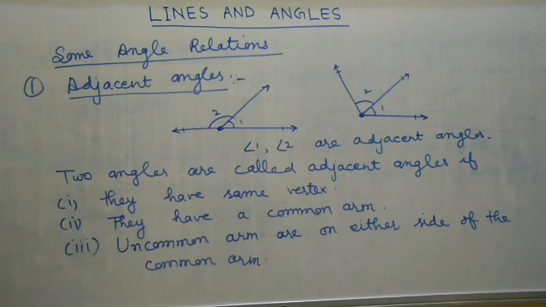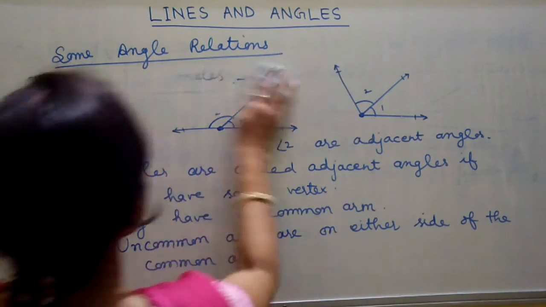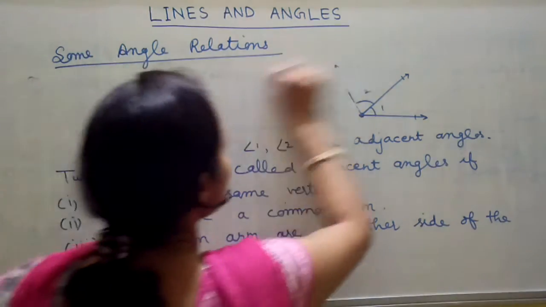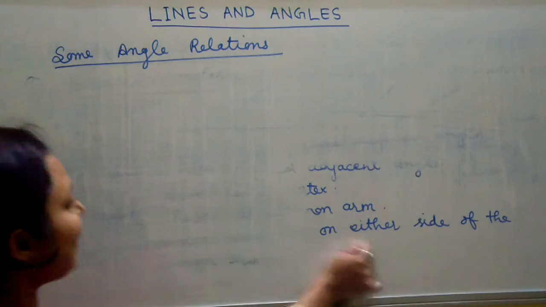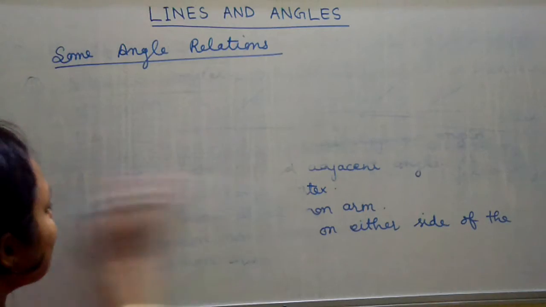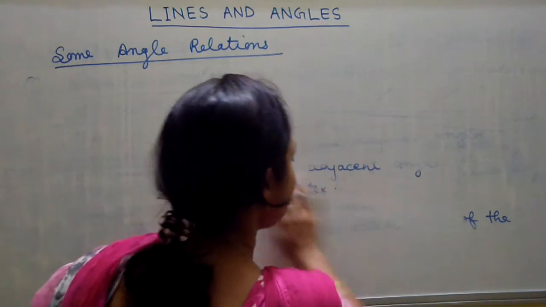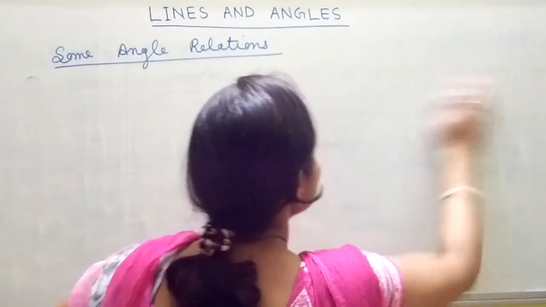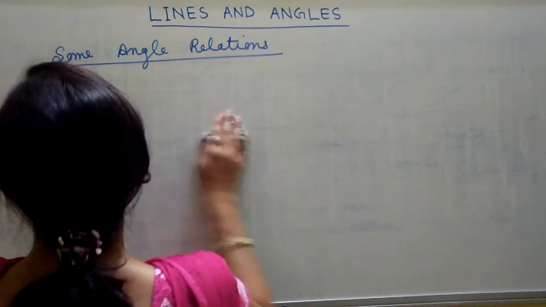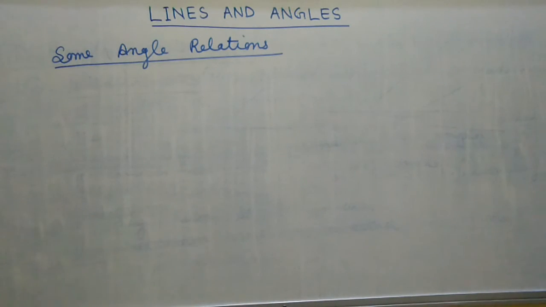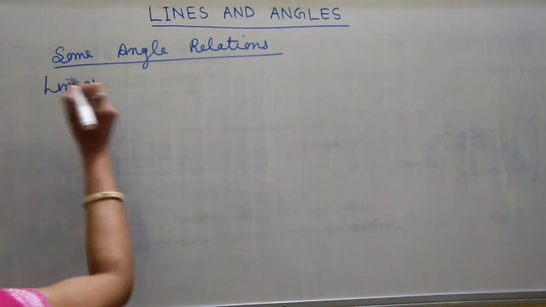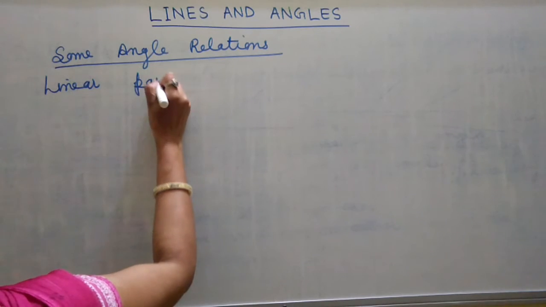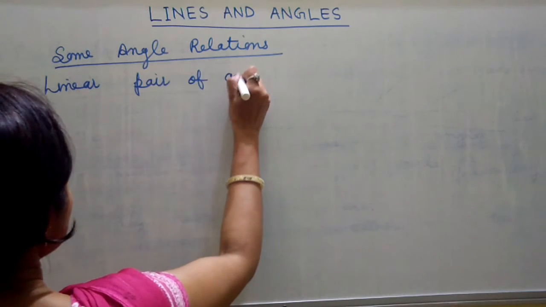Now come to linear pair of angles. That is one of the examples which I have given to you. What are linear angles? Very easy. The second term is linear pair of angles.